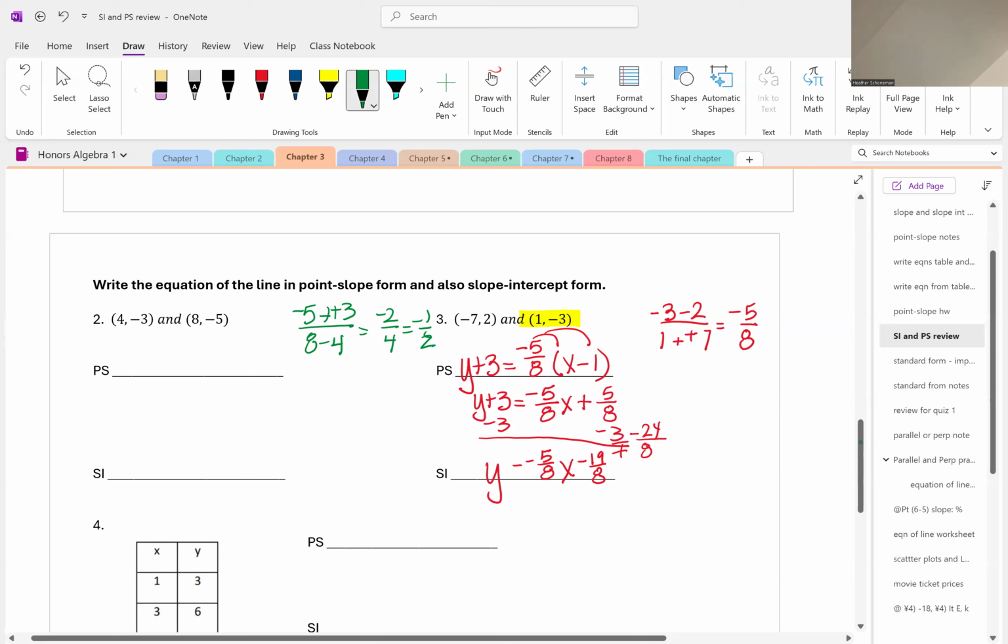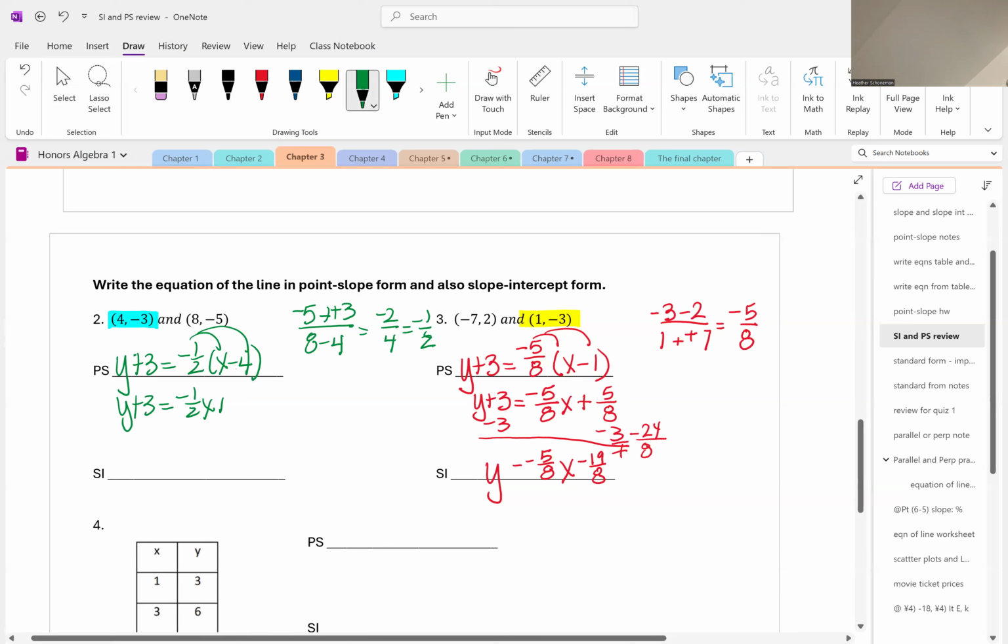Okay. Now, when we plug it in, it doesn't matter which point you use. I'm going to use this first point, but it doesn't matter at all. So when I plug it in, I'm going to have y minus -3, which is plus 3, equals -1/2 times x minus 4. And now we're going to distribute. So I get y plus 3 equals -1/2.